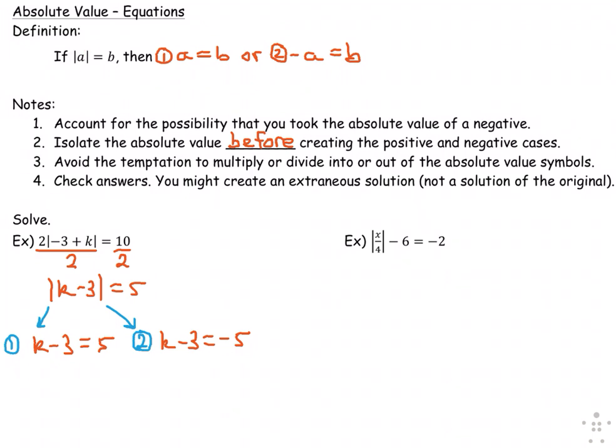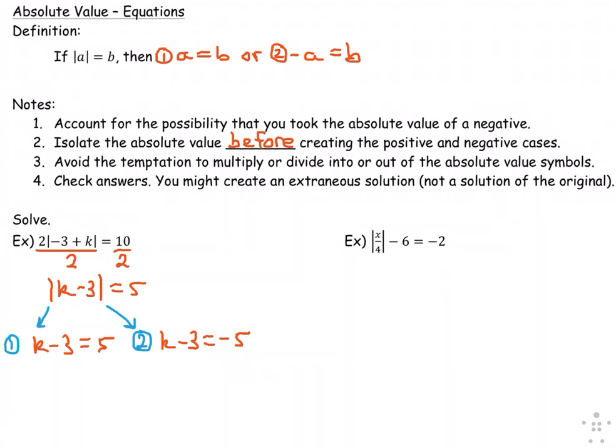Now, as long as you negate one side, that is equivalent to negating the other side by the symmetric property of equality, or the reflexive property of equality. So it's a lot easier just to negate one term than it is to distribute and negate the k minus 3 term. So typically you will see me negate the right hand side.